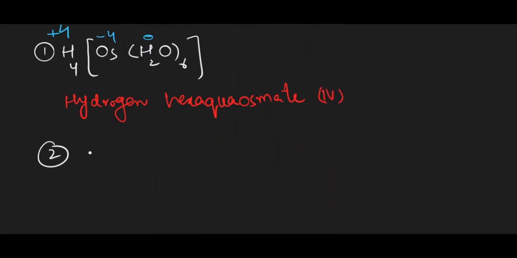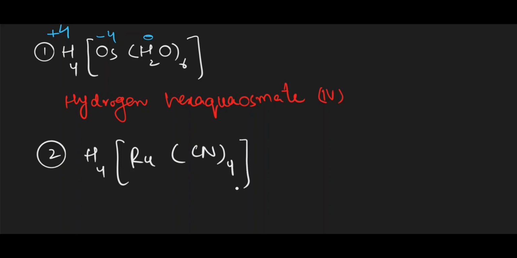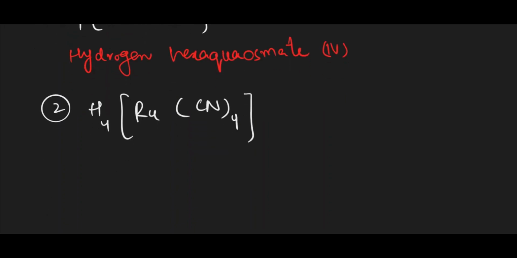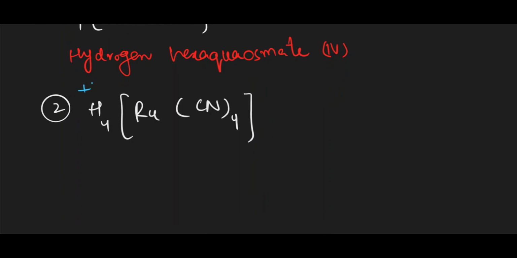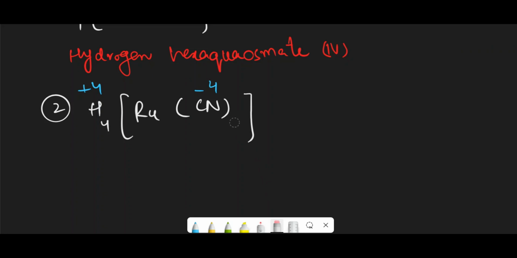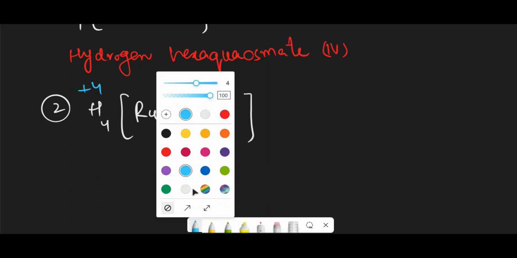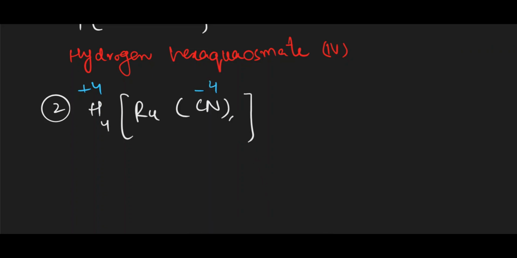So the second complex is hydrogen, ruthenium, dicyanido. It's basically tetra. So when we come towards giving the oxidation states, it becomes -4, plus hydrogen is +4, and it's not tetra, the compound is hexa.